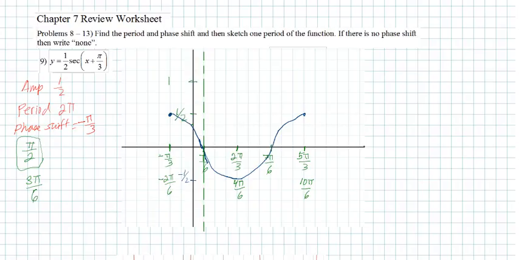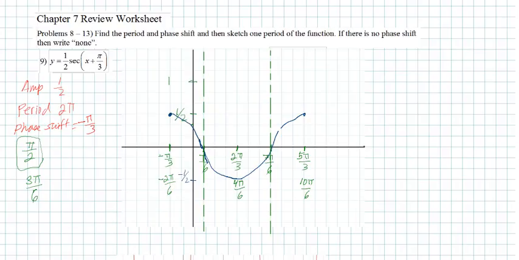And our second asymptote is going to be drawn at the other x-intercept. So, two asymptotes. So, we have our cosine curve and we have our asymptotes drawn.